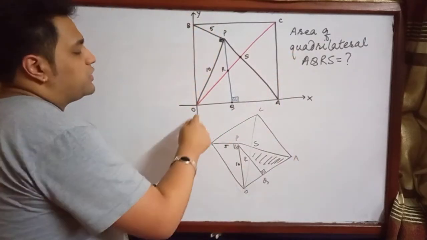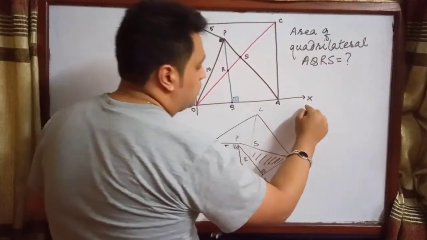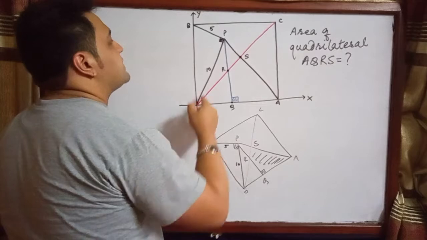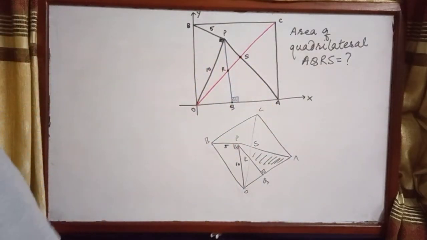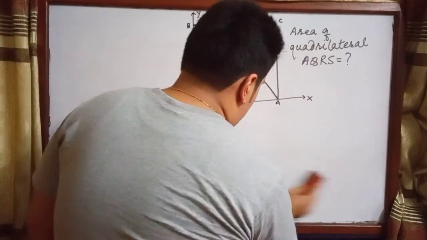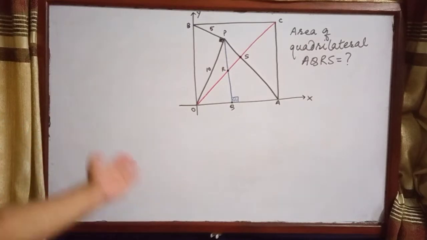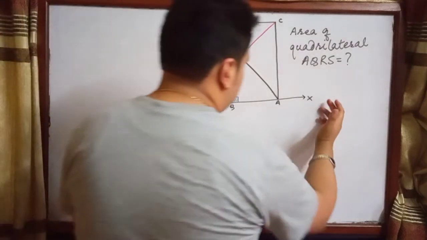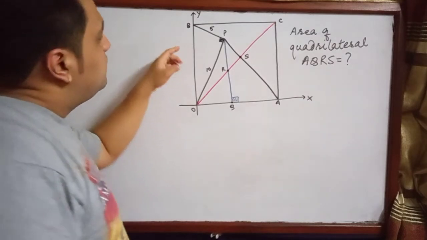Also, I'm going to take the positive x-axis along OA and the positive y-axis along OB. We'll come back to that later on. You'll know why I used coordinate systems.